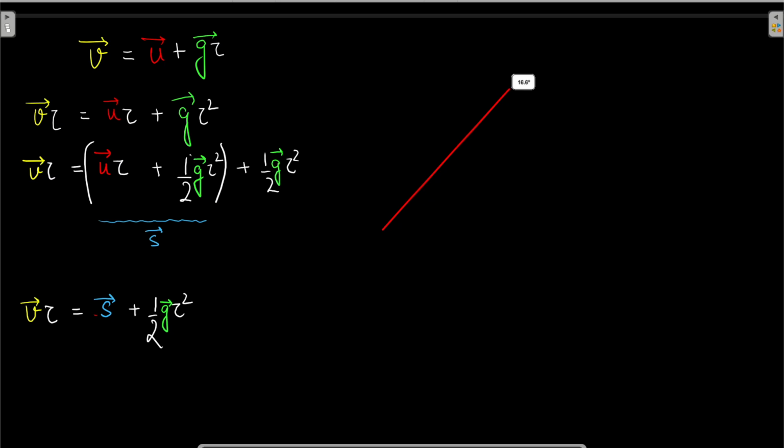This is the u vector scaled by tau, like always. Now we'll draw g, not half g tau squared. We'll draw g tau squared, without half. This is the final velocity vector scaled by tau.